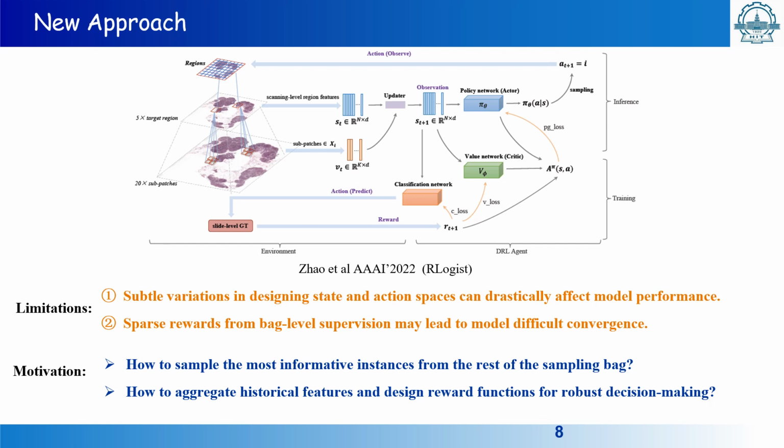However, the latent priors among instance sampling, feature representation, and decision-making are barely exploited. Introducing past information for guidance naturally raises two issues. 1. How to sample the most informative instances from the rest of the sampling bag. 2. How to aggregate historical features for robust decision-making.